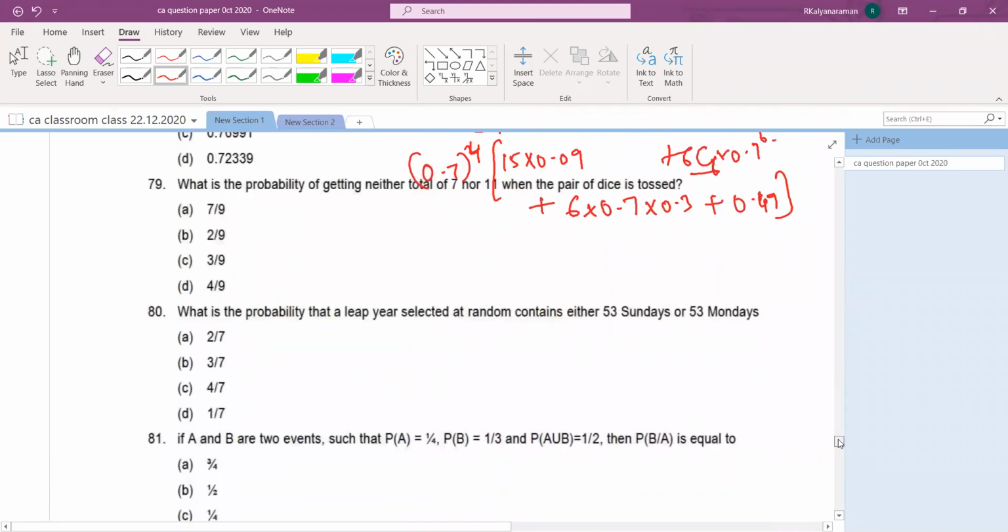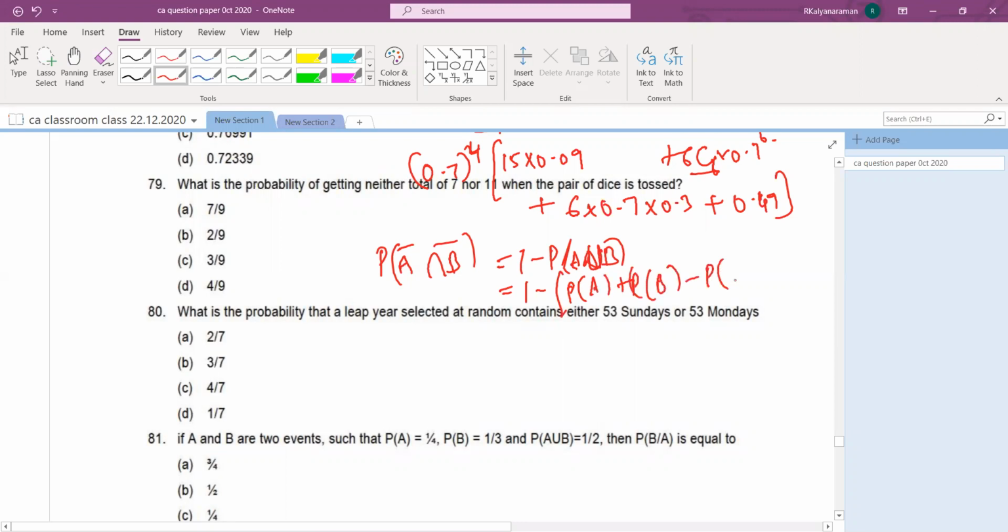What is the probability of getting neither a total of 7 nor 11 when a pair of dice is tossed? So it is P of A bar intersection B bar. So this is 1 minus P of A union B. So it is 1 minus P of A plus P of B minus P of A intersection B. So 1 minus P of A, total of 7.